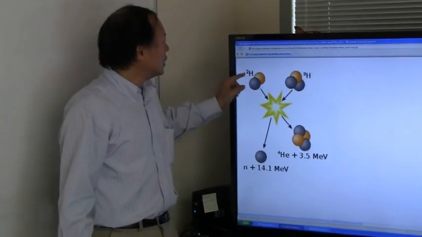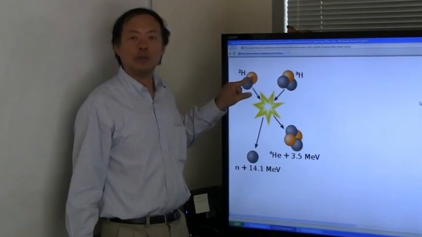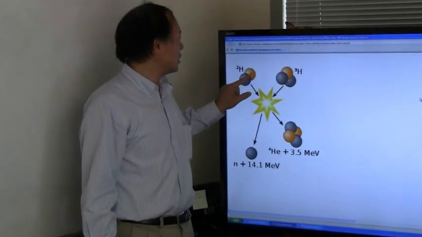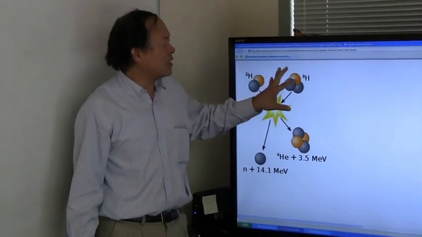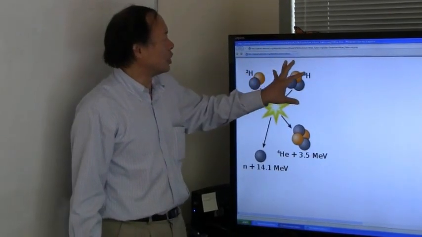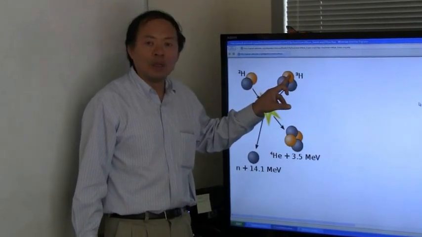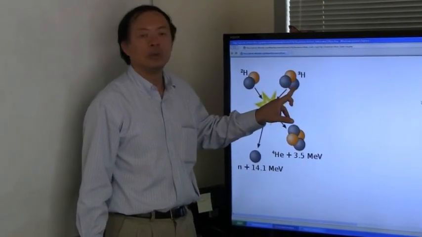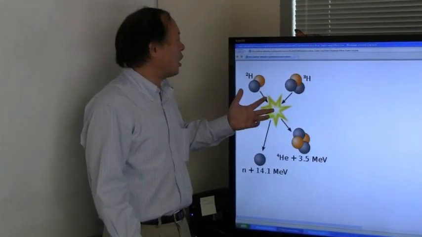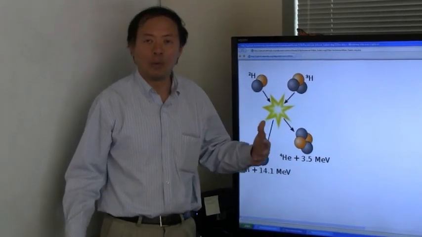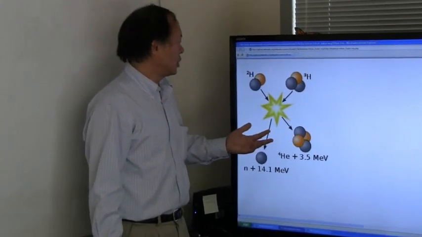But deuterium is H2, with an atomic mass of 2, because besides the usual proton of a hydrogen atom, it also has a neutron. Also, there's another isotope of hydrogen, which is H3, which has not only one proton, but also 2 neutrons. Now, just a reminder, protons have a positive charge of 1, and a neutron has no electric charge.